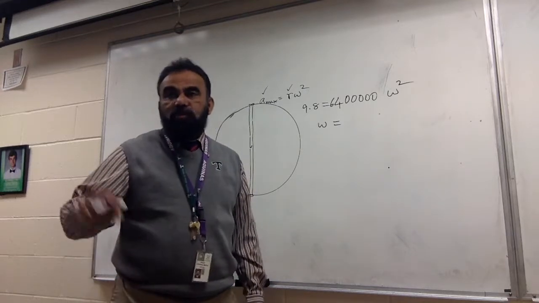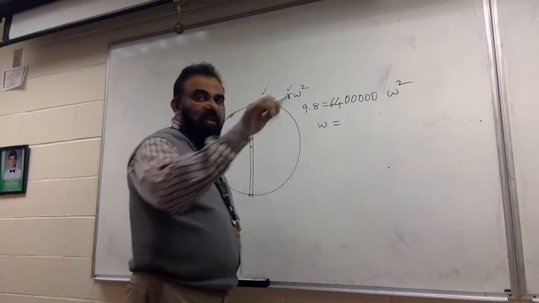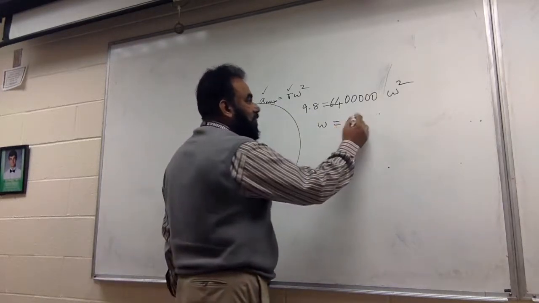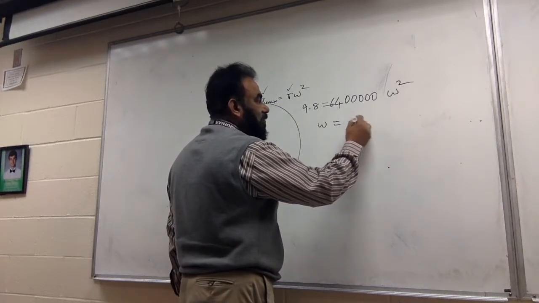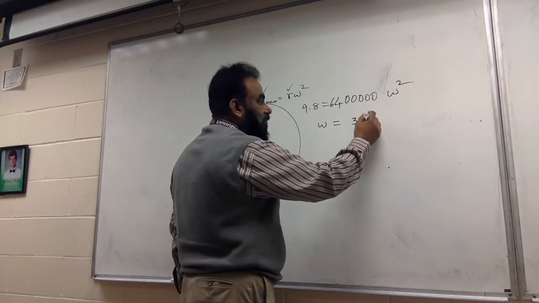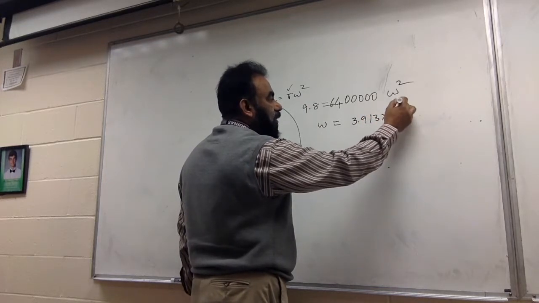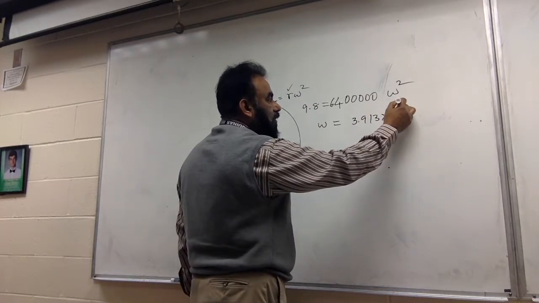These are things you should work out so that you'll know where you're getting stuck. Now tell me in scientific notation. 3.913, times 10 to the negative third.